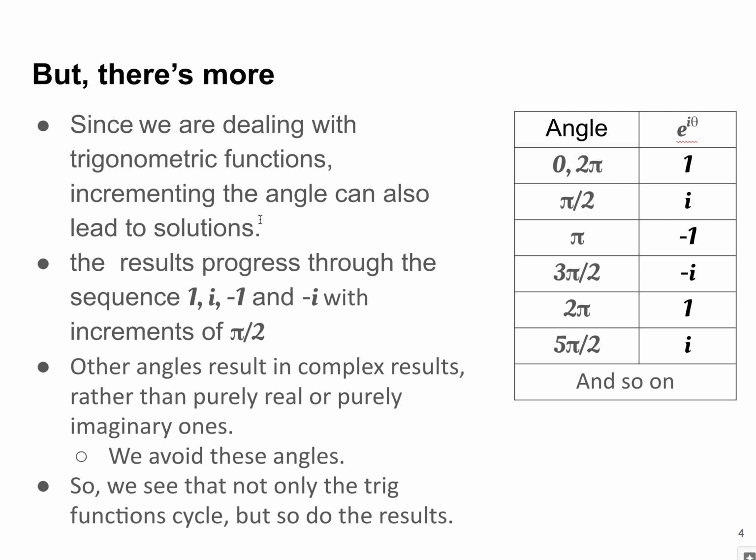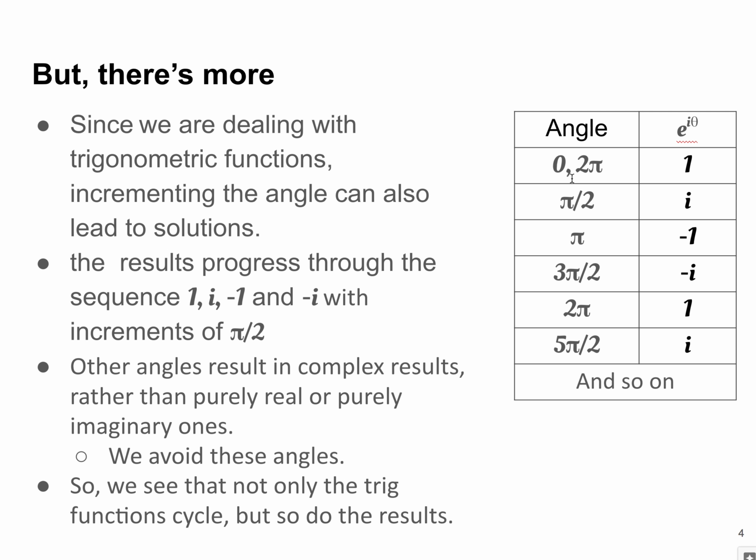So we're dealing with trig functions, and that allows other solutions to occur for the problem we're working on. And in fact, here are some sample angles that we could have put into Euler's equation, and here are the results you get for e to the I times whatever angle we've listed here. So e to the I times 0 is equal to 1.